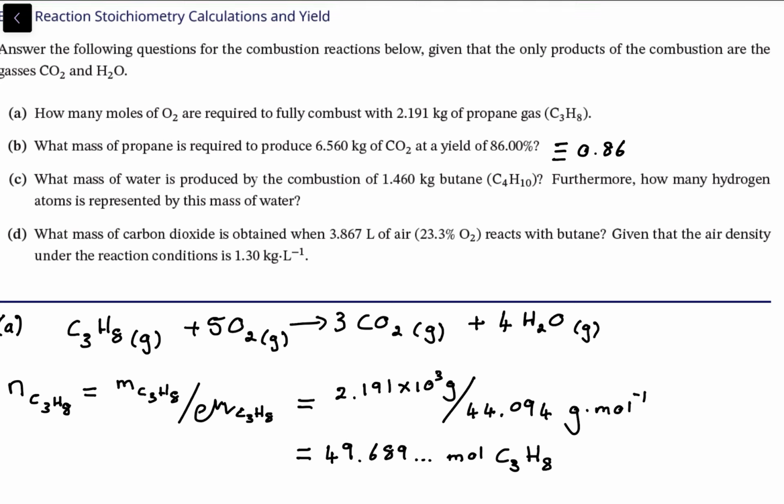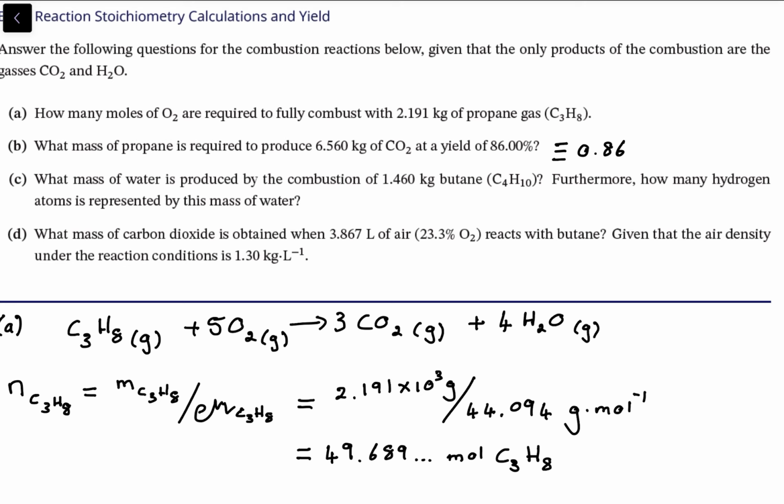Right. What mass of carbon dioxide is obtained when 3.867 liter of air, which consists of 23.3% oxygen, reacts with butane? Given the air density under these conditions. So what in principle are we given? We're given the amount of oxygen.